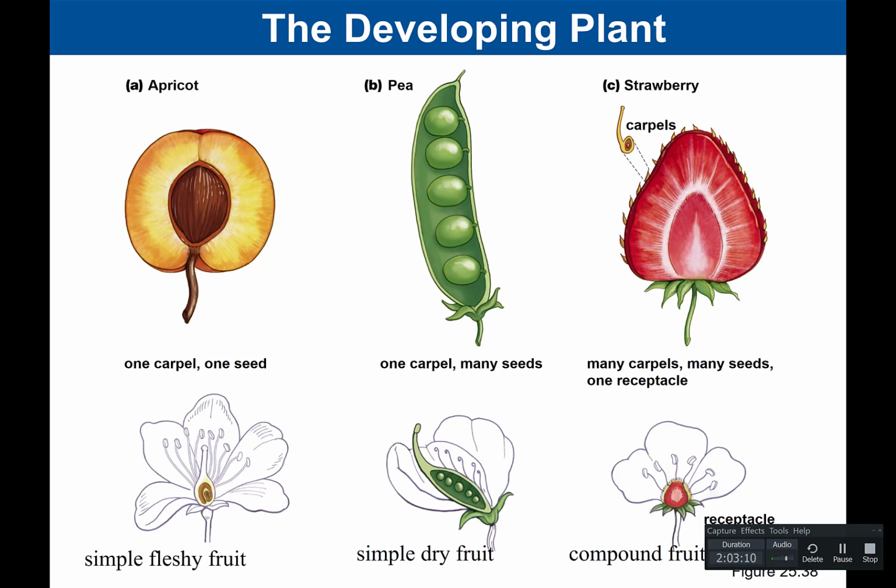So when you look at the strawberry, it has many seeds, it has many carpels, but in this case, the fleshy part that you eat is actually not from the ovary like it is for the others. The fleshy part of a strawberry is actually from the receptacle part. And so that's why we call strawberry a false fruit. It's not actually technically a fruit in the sense that the fleshy part is not derived from the ovary. The fleshy part in this case is derived from the receptacle.